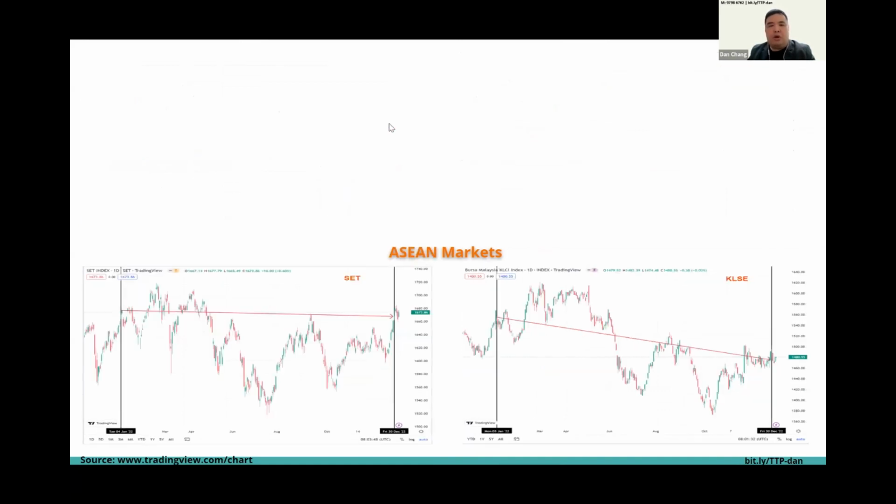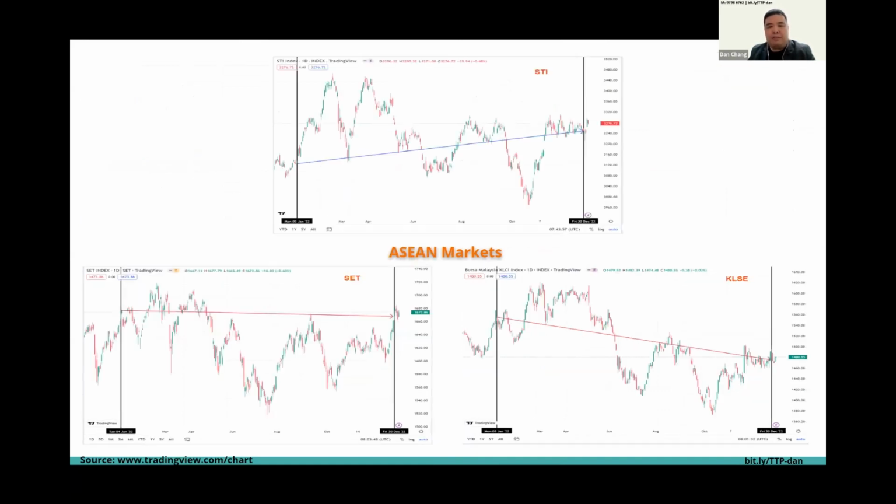Comparatively speaking, the ASEAN market actually performed better than the global market. In ASEAN, we have about 10 countries, but usually the more popular ones are the Singapore market, the Malaysia market, and the Thailand market. Even for the Malaysia market, although it is a loss for the year, the loss is relatively lesser than the Hang Seng Index and the S&P.